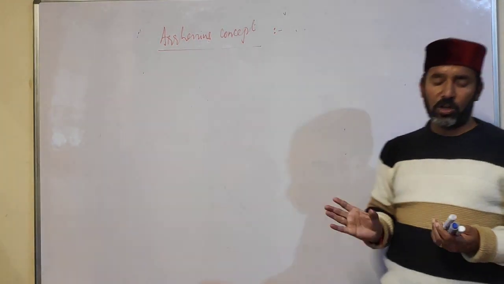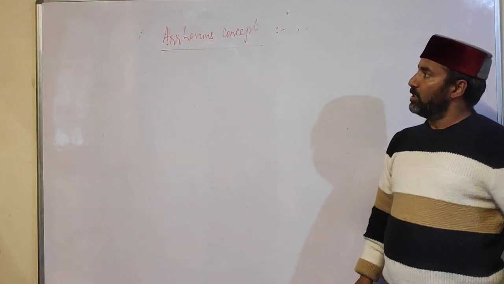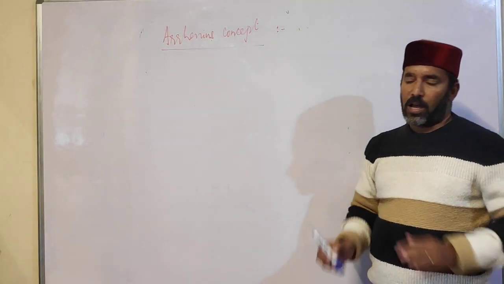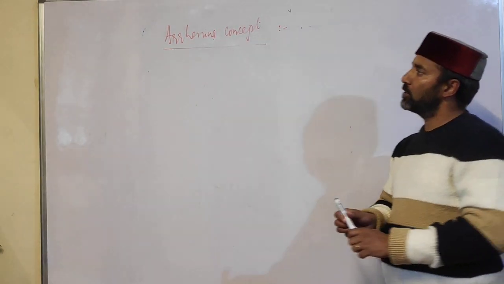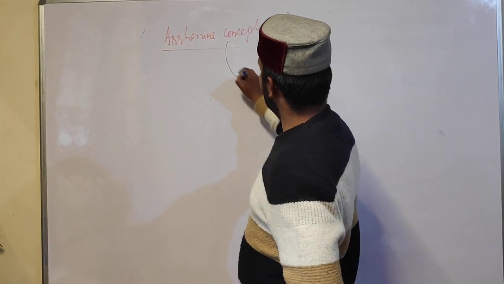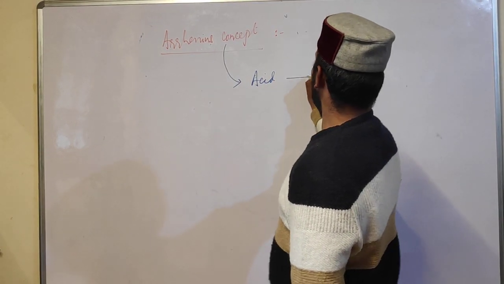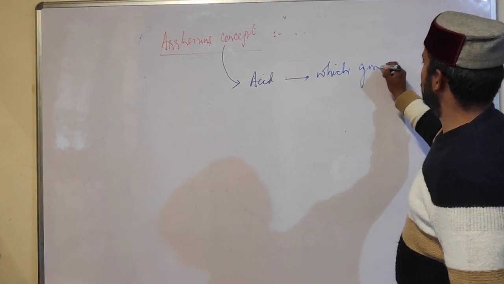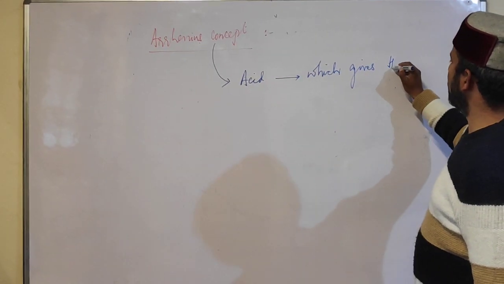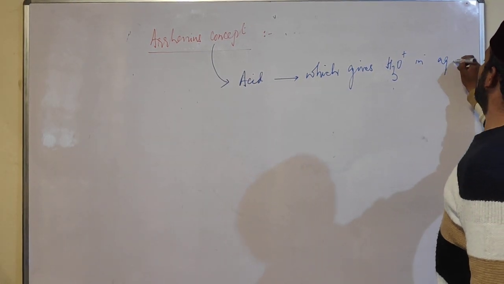According to Arrhenius concept, acid is a substance which gives hydronium ions on ionization in aqueous solution. So simply, we can say, according to Arrhenius concept, acid is a substance which gives hydronium ions in aqueous solution.